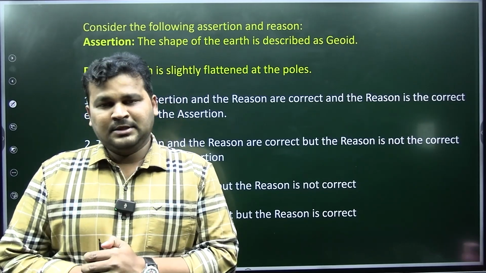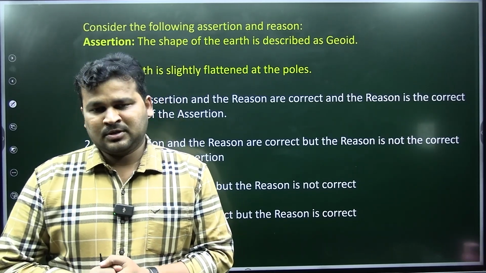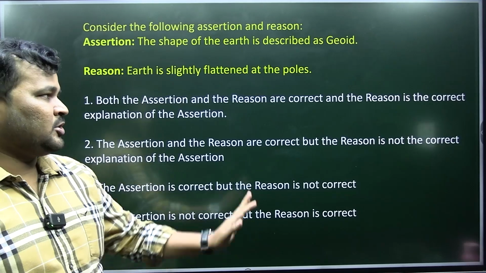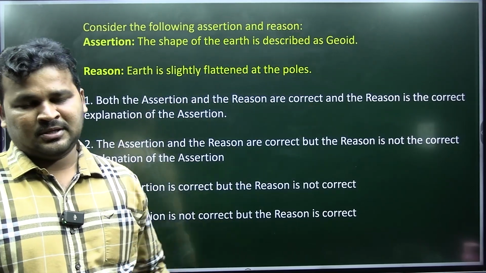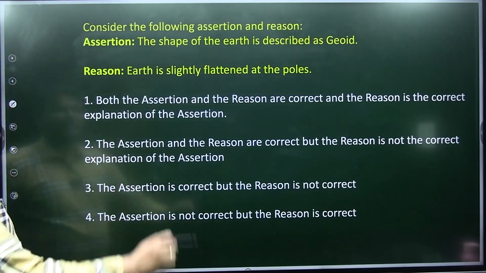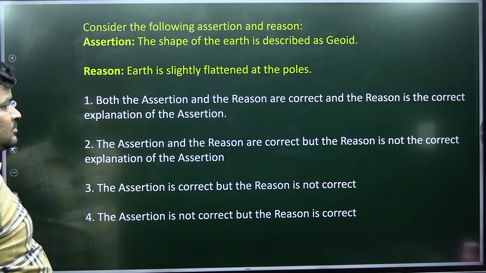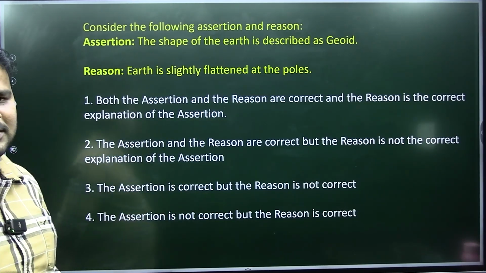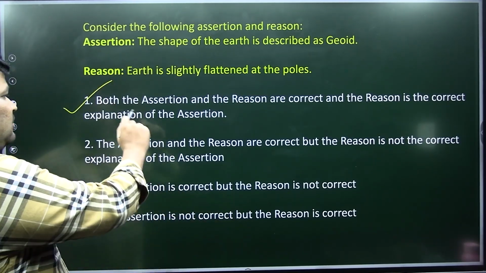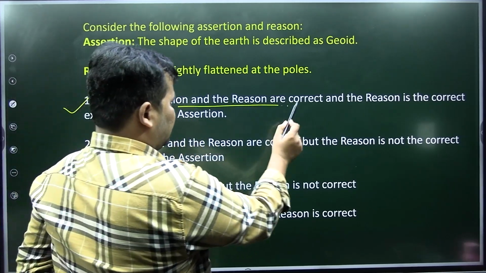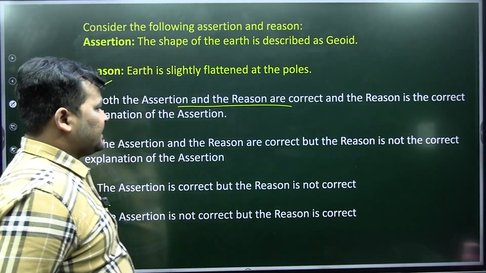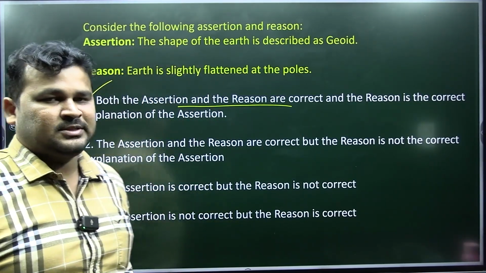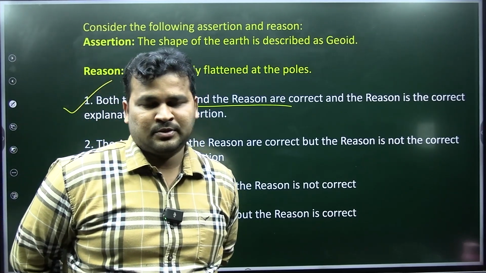Because the poles of the earth are flattened. That's why the geoid shape was given to the earth. He is asking whether it satisfies or not. Definitely both assertion and reason are correct, and the reason is the correct explanation of the assertion. So both are true.